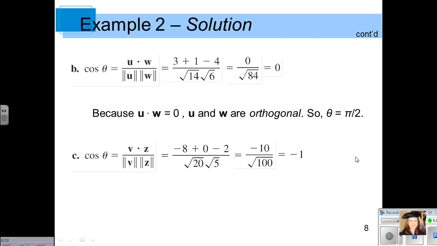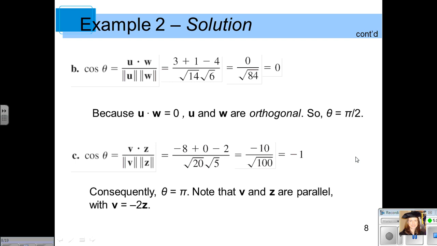So for this one, we find that the cosine of the angle theta is negative 1. And therefore, the angle between the two vectors is pi, or 180 degrees.